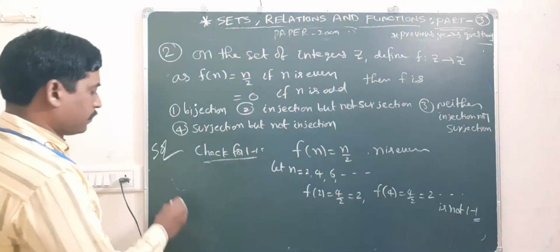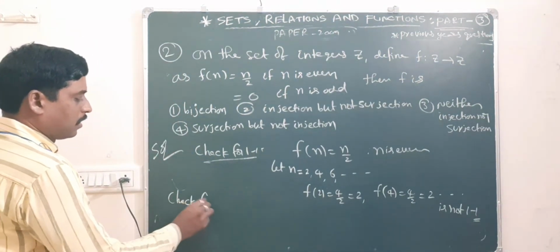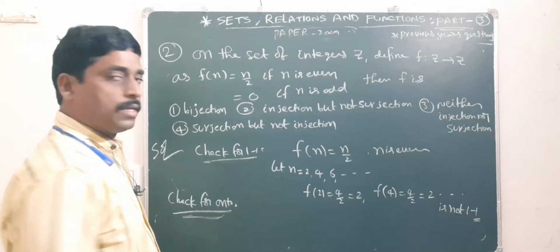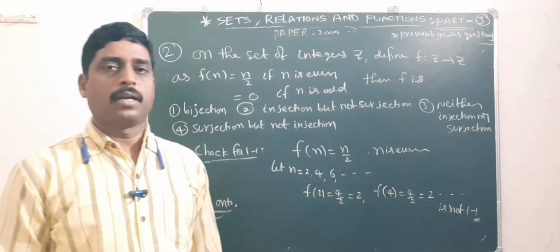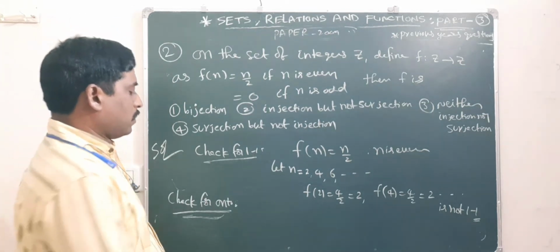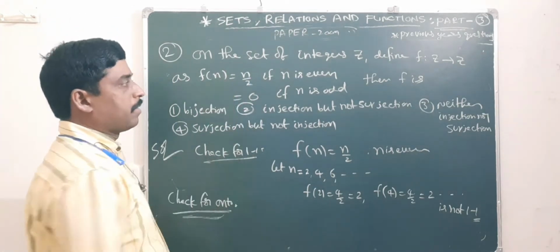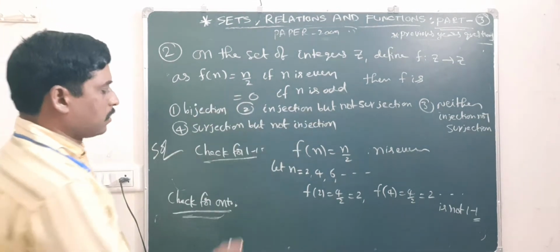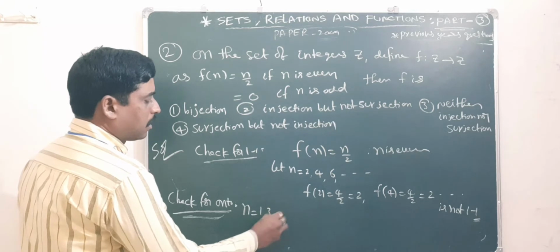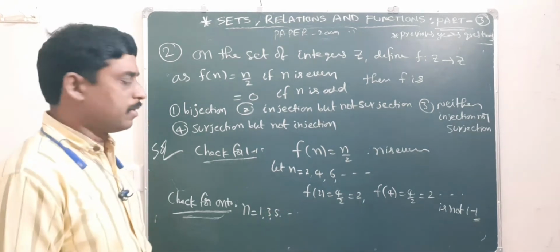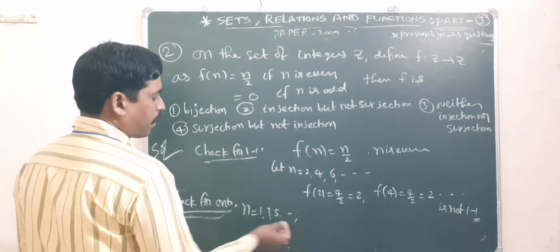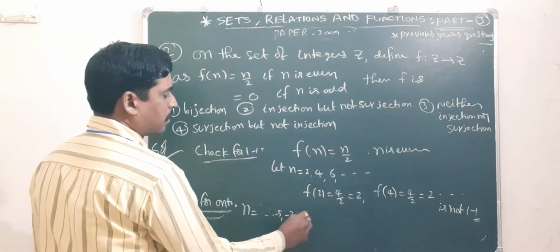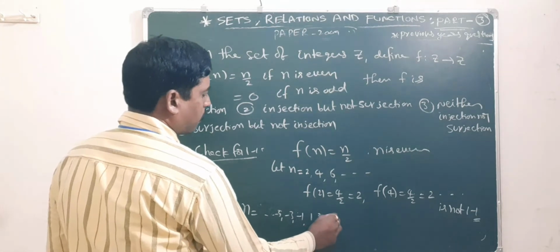Let's check for onto. So what is the onto property? If range is equal to codomain, then the function is called onto. F of n is n by 2 for even n, and f of n is equal to 0 if n is an odd number. So let us take odd numbers 1, 3, 5, and negative numbers also: minus 5, minus 3, minus 1, 1, 3, 5.